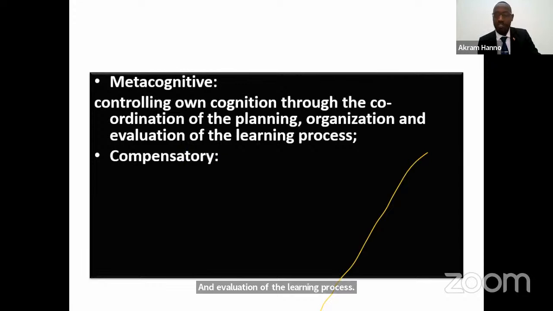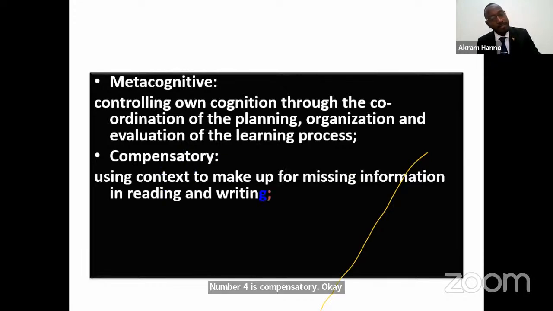Number 4 is compensatory: using context to make up for missing information in reading and writing.